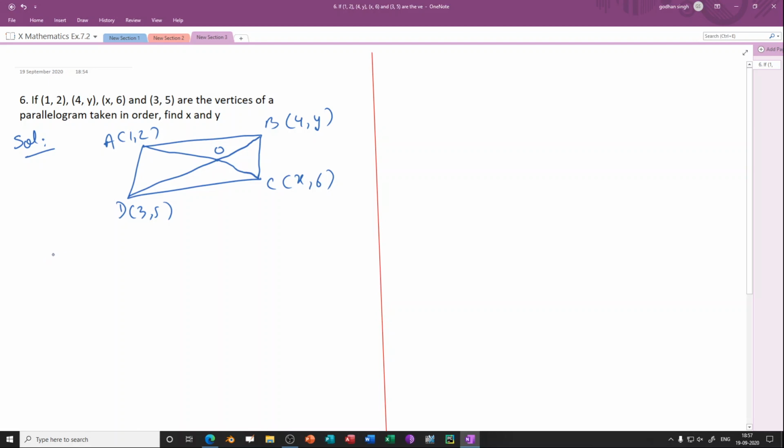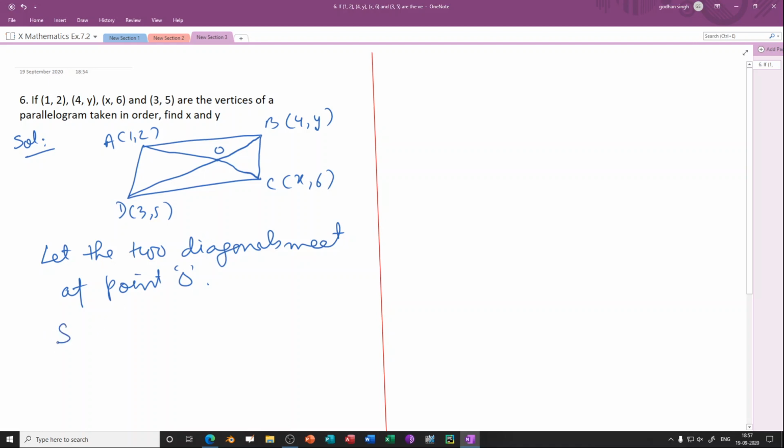So let us write down that the two diagonals meet at point O. It is not 0, it is O. And what is given to us? ABCD is a parallelogram. So we know that the diagonals of a parallelogram bisect each other. So that means the midpoint of AC and BD will be equal. So that is what we'll use here.